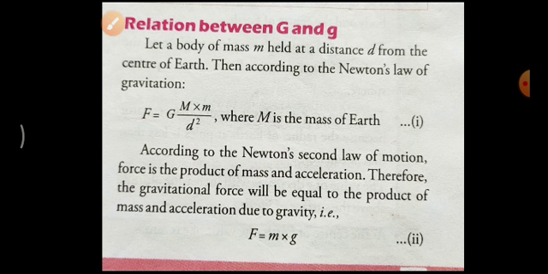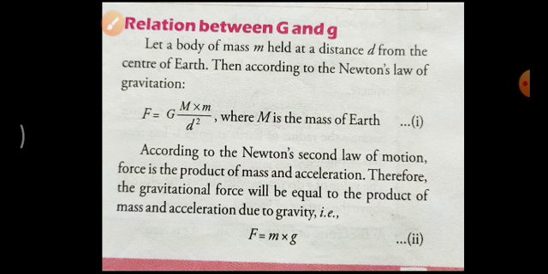The formula is F equals capital G into capital M into small m divided by d square, where capital M stands for the mass of the earth. Let us consider this as equation 1.